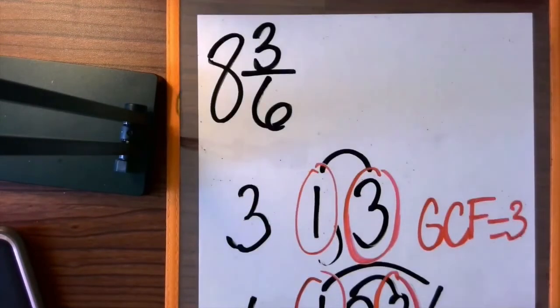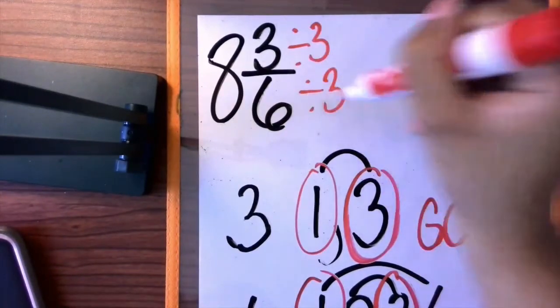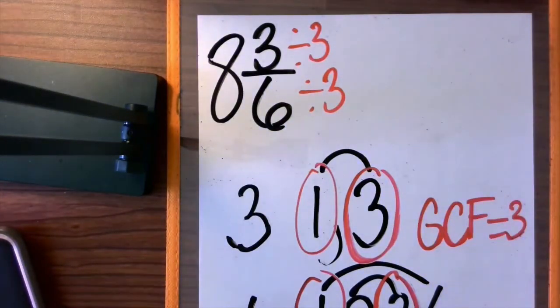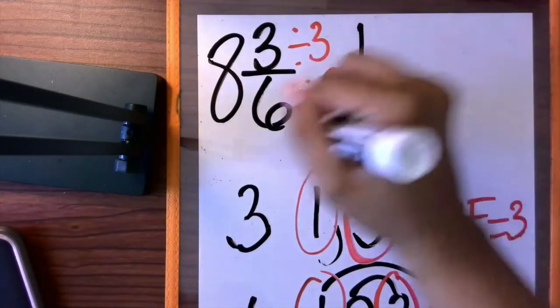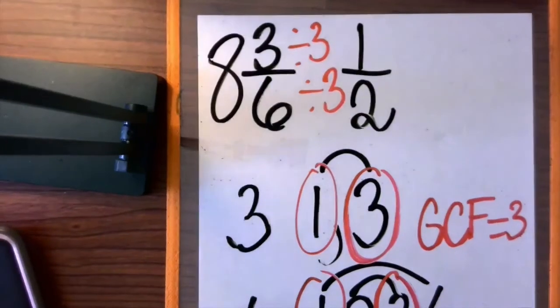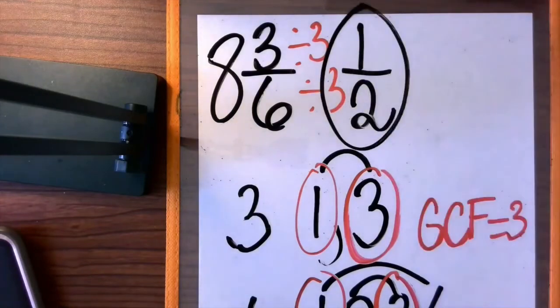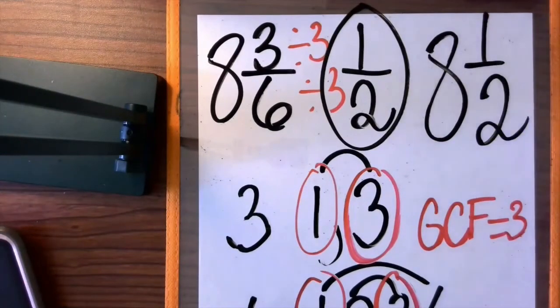Looking back at my problem, I now need to divide my numerator and my denominator by 3. 3 divided by 3 is 1. And 6 divided by 3 is 2. So I know that 3/6 can be reduced into 1/2. So my final answer for this problem would be 8 1/2.